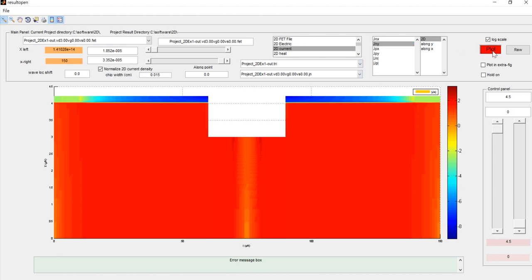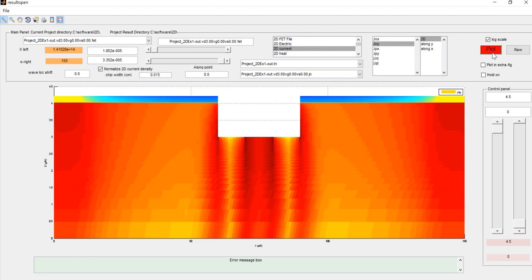So usually plot JNY. If you plot JNY like this, you can see that the current mostly goes down and then spreads out to here and up. JY usually tells you the real information on how the current is crowded.